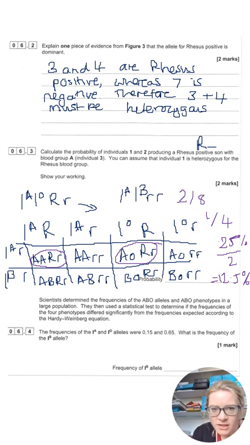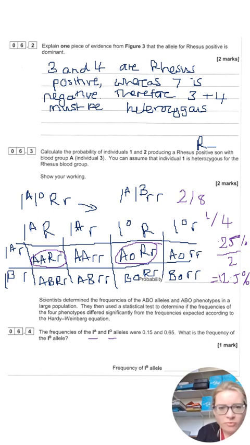Okay, the next one. Scientists determine the frequency of the ABO alleles in phenotypes in a large population. They used a statistical test to determine if the frequencies differed significantly from the frequencies expected according to the Hardy-Weinberg equation. The frequencies of the individual alleles were 0.15 plus 0.65.